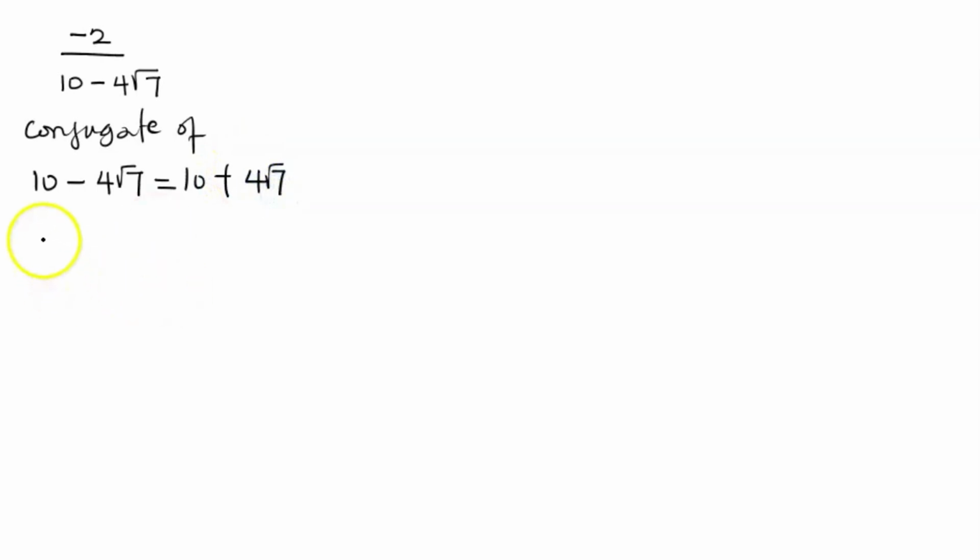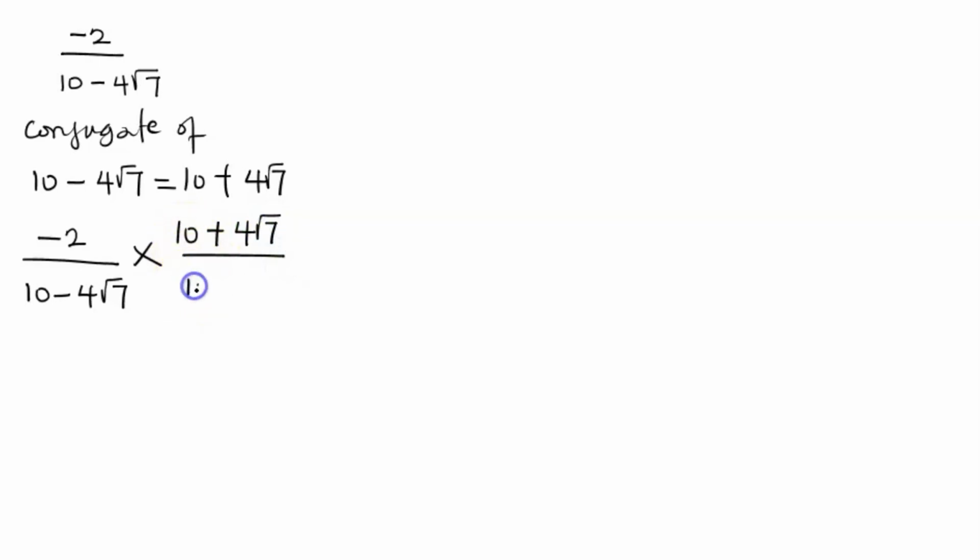Okay, so if we do that, we are going to have minus 2 divided by 10 minus 4 root 7. Then multiply by 10 plus 4 root 7 divided by 10 plus 4 root 7.